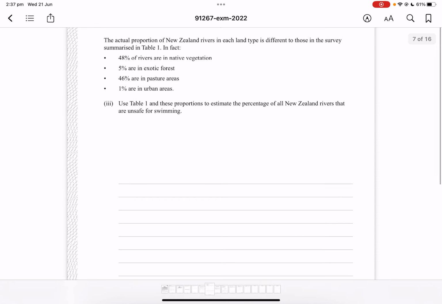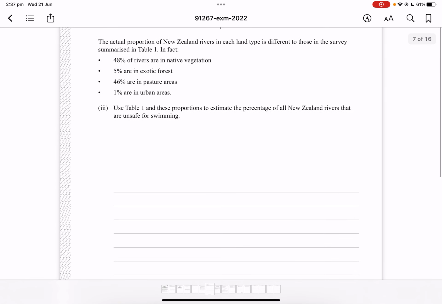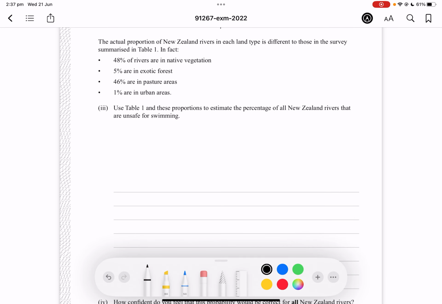Okay. So for this question, probably the most intuitive way to do this is to find the probabilities.